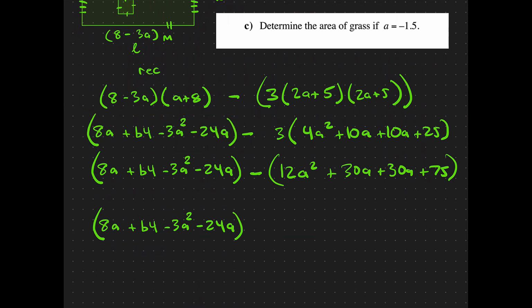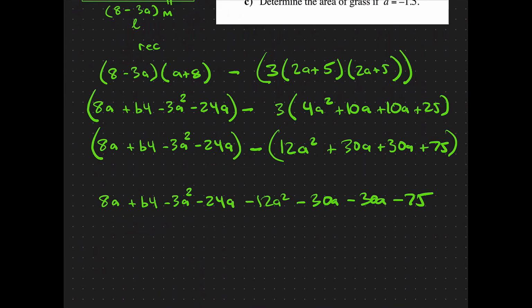And I really don't need this bracket anymore, but I do need to realize that if I'm going to subtract, I need to change that to an addition, then change the sign of everything else that's inside here. So that is going to be minus 12a squared minus 30a minus 30a minus 75. Now I could have combined those first. Probably would make more sense doing that, but it still works.